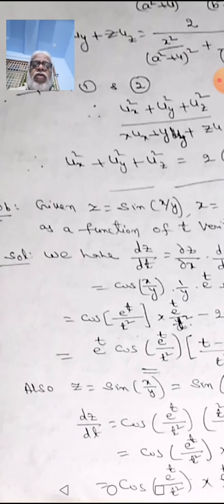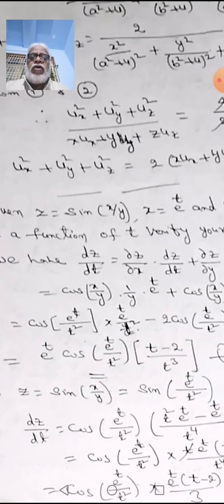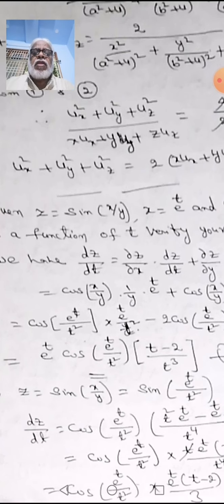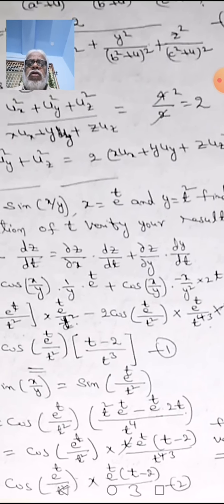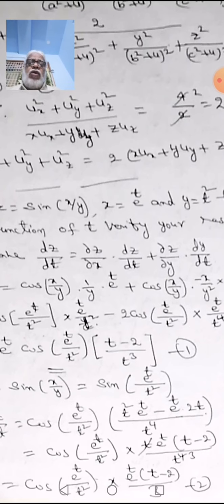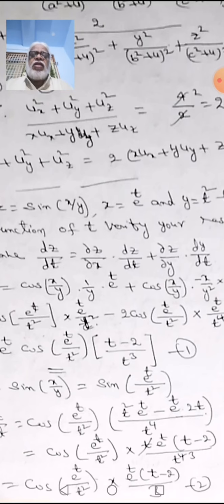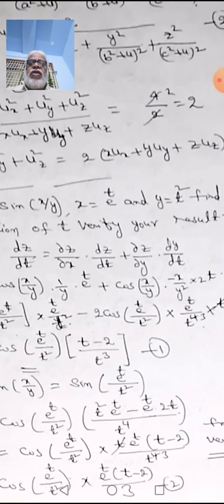Okay, we have dz by dt by chain rule. The value of dz by dt is dou z by dou x into dx by dt, not dou z by dt. Here dz by dt is equal to dou z by dou x into dx by dt plus dou z by dou y into dy by dt, where z is a function of x and y, and x and y are functions of t.